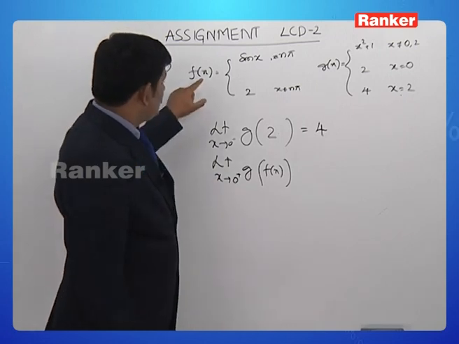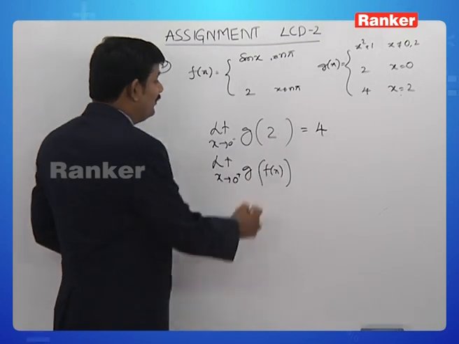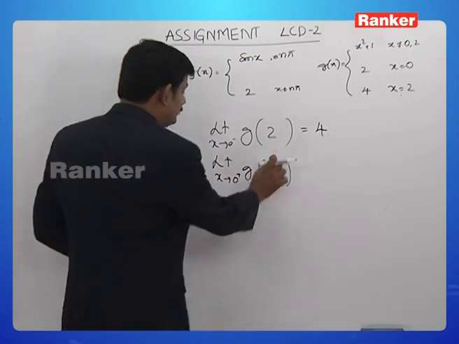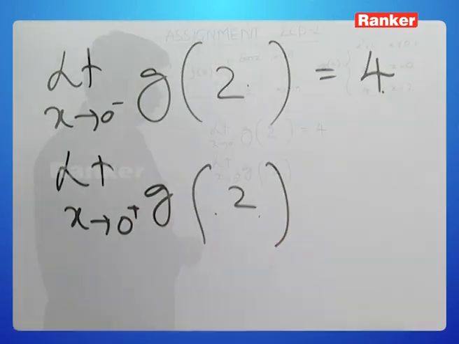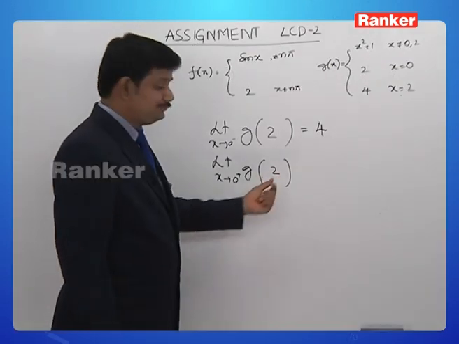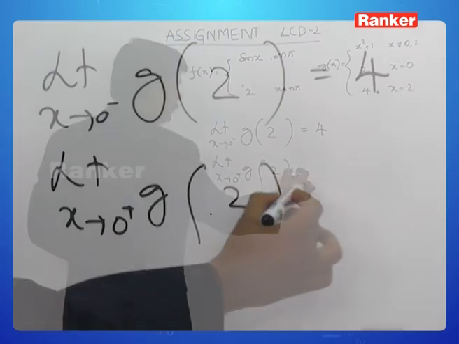That means x is again not an integral multiple of pi. So, f of x is again 2. It is a constant function, 2 in the neighborhood of 0. So, we can write it as 2. And g of 2 we know again it is 4.